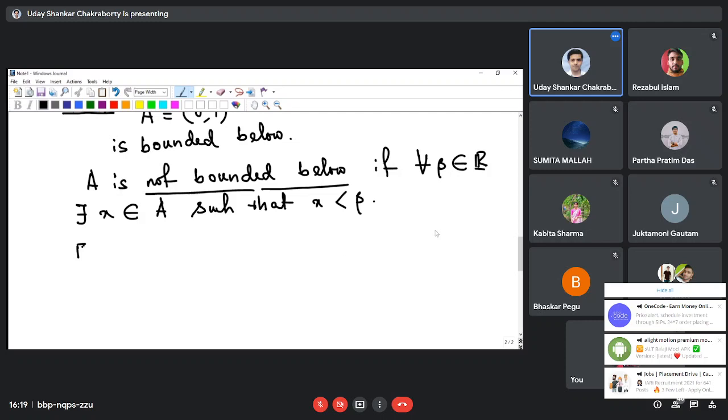Example: A equal to minus infinity to, let's say, 1. Now I want to prove that this set is not bounded below. So let us take any beta belonging to R.